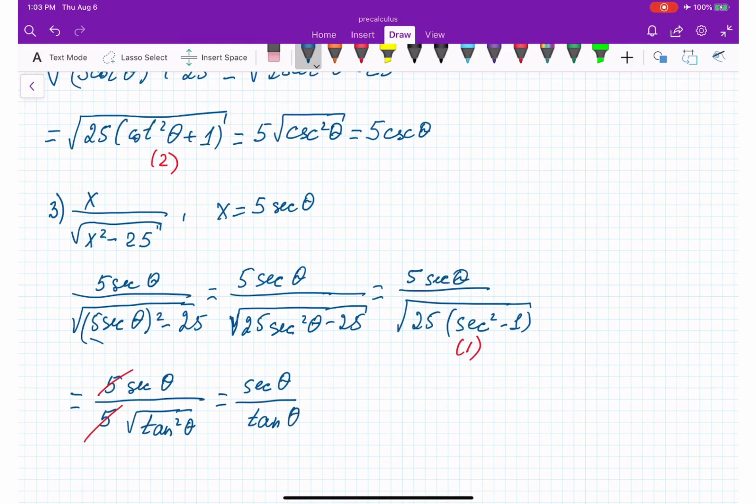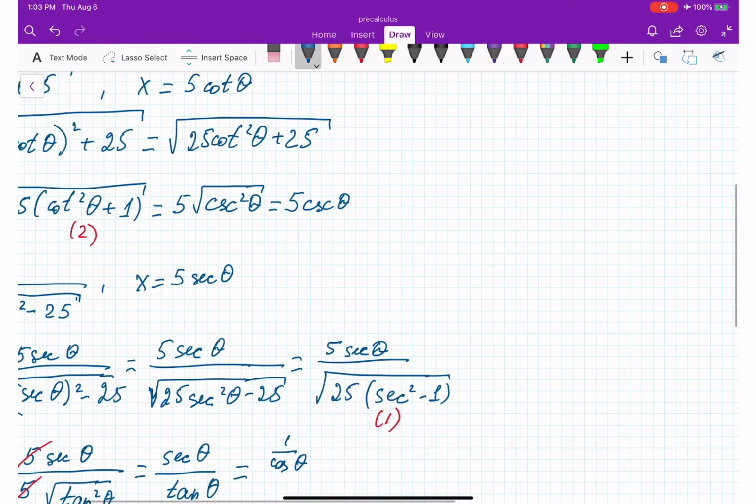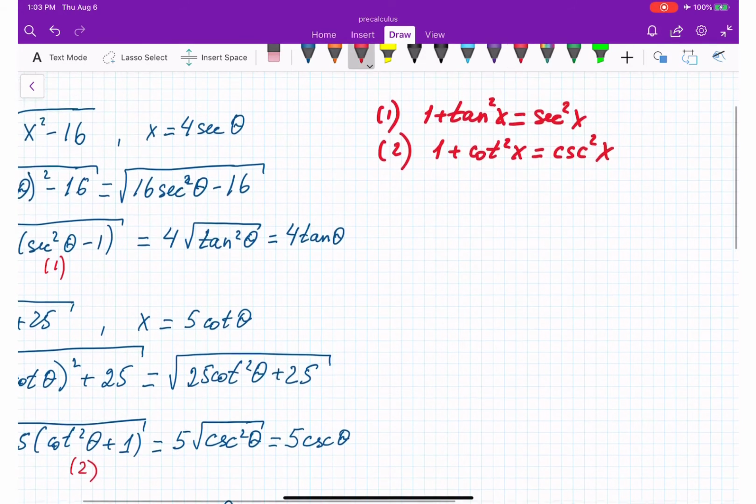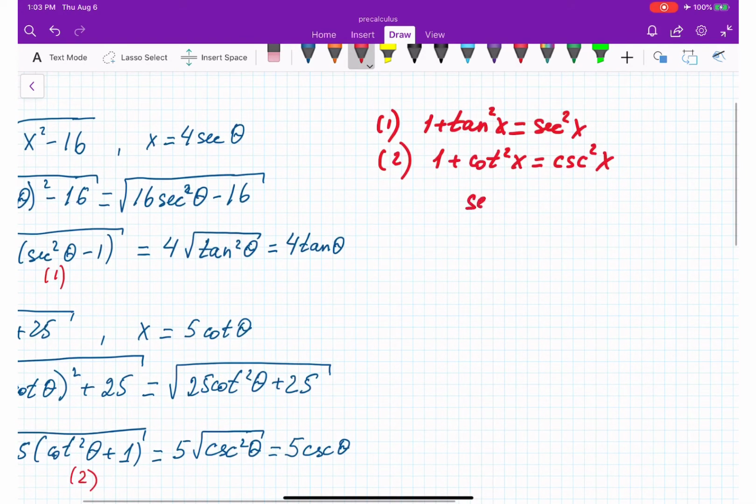Well, let's open it up, because secant by itself is 1 over cosine theta. Let me write it down. That will be formula 3: secant x is equal to 1 over cosine x.